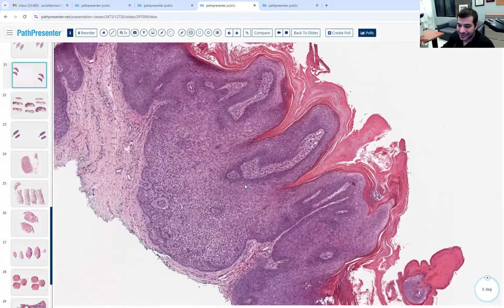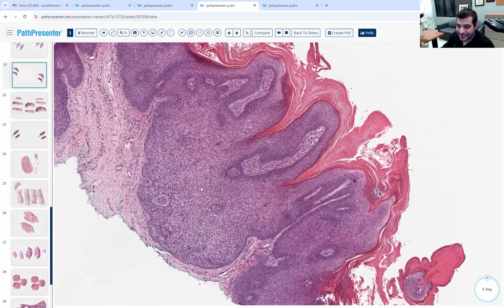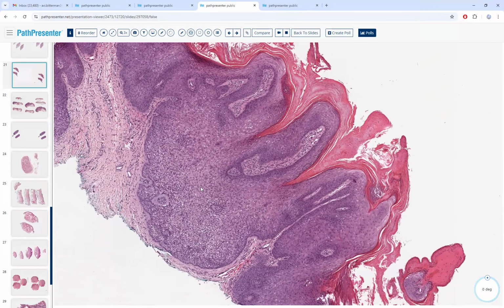What about this one? Warty dyskeratoma. What do we see in warty dyskeratomas? Like this verrucous, almost like volcanic nodule with atypia.